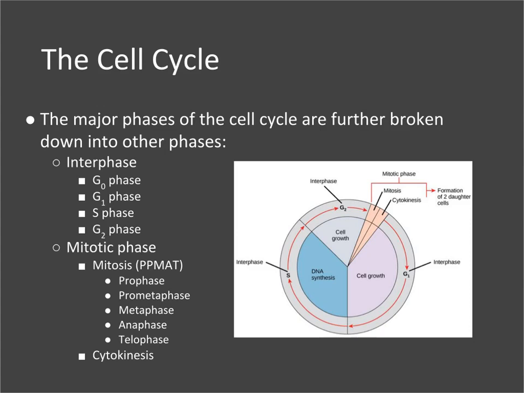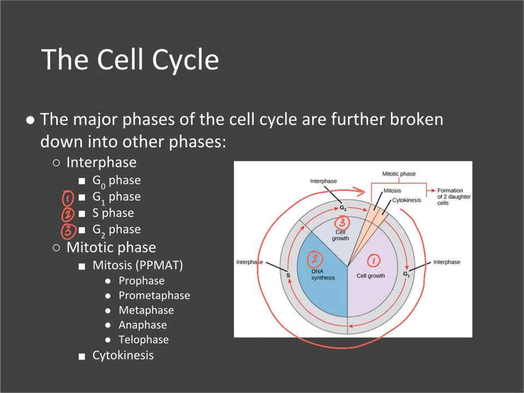Now, those two major phases that we talked about are further broken down into smaller phases. Remember that interphase is basically this whole area of the cell cycle here. But we can see that there are actually three subphases that go along with interphase. The first one is the G1 phase, followed by the S phase, and followed by the G2 phase.